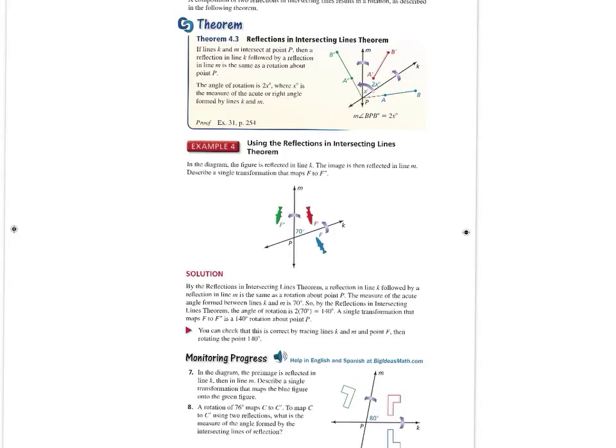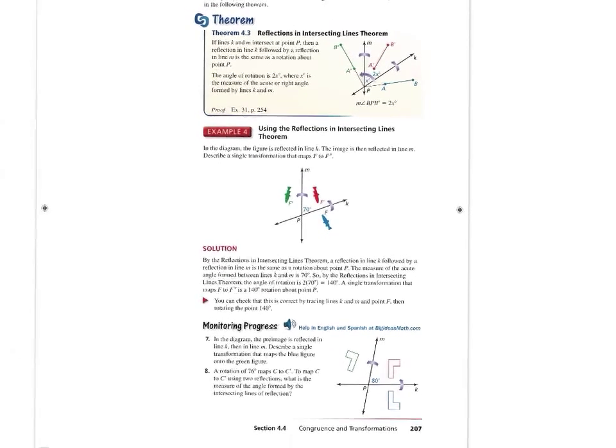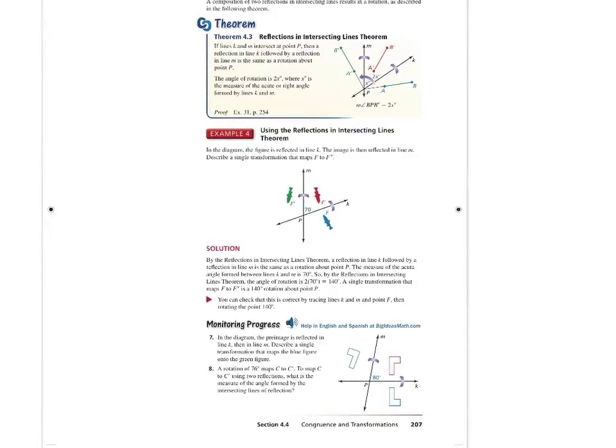And there is a special relationship of the angles. So read through this theorem to understand how a reflection across two intersecting lines is the same as a rotation. And then you see example 4 with the solution, and then you can definitely practice one on your own, as you can see down here for monitoring progress, numbers 7 and 8.